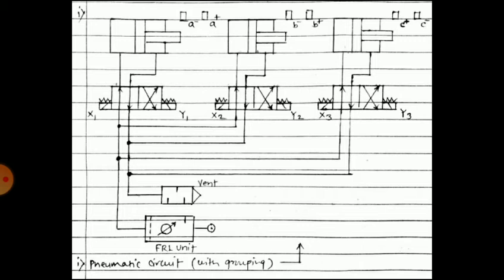And X3 and Y3 are the solenoids for the direction control valve of cylinder C. So there are three cylinders, cylinder A, cylinder B and cylinder C, that you can see at the top. The proximity switch positions for cylinder A are A minus, A plus, for cylinder B are B minus, B plus, and for cylinder C are C minus, C plus.